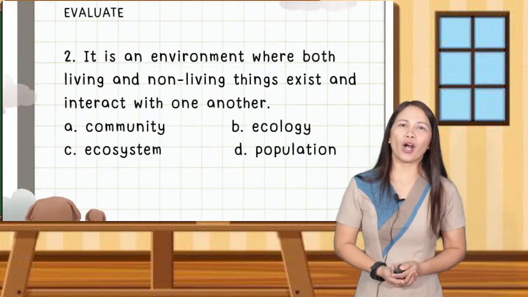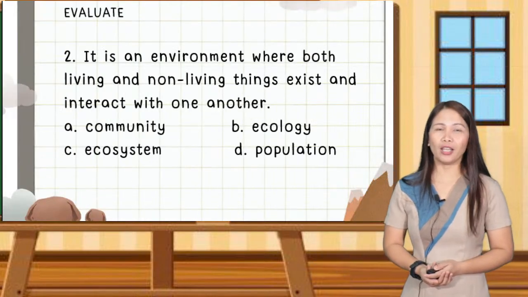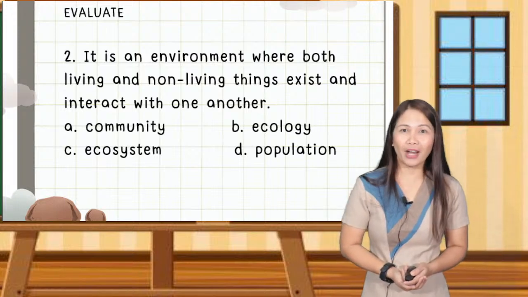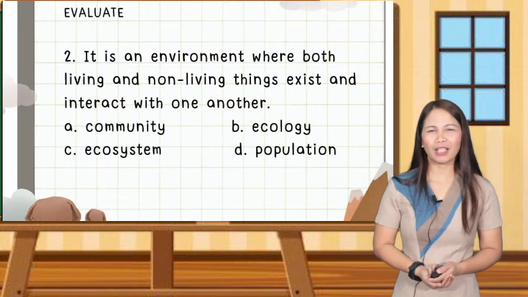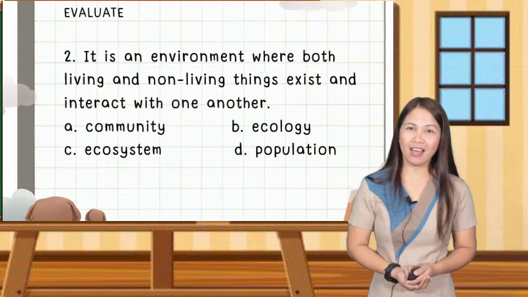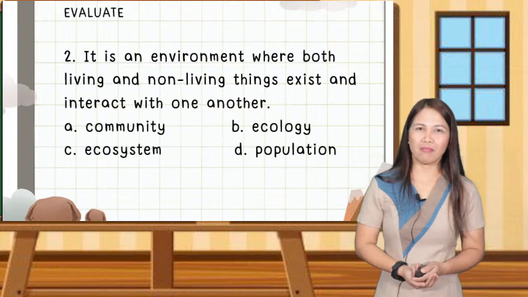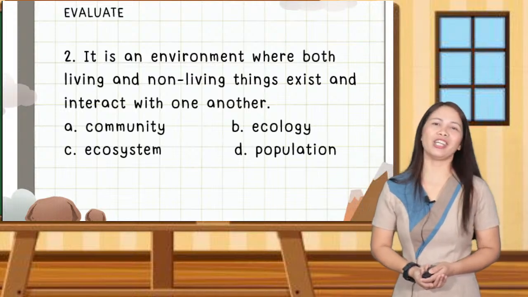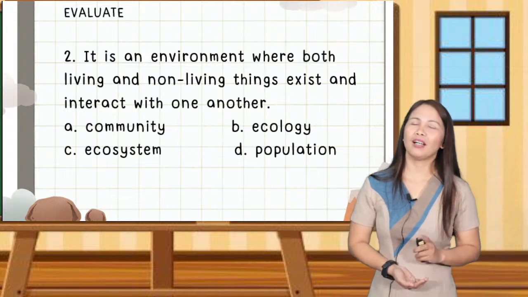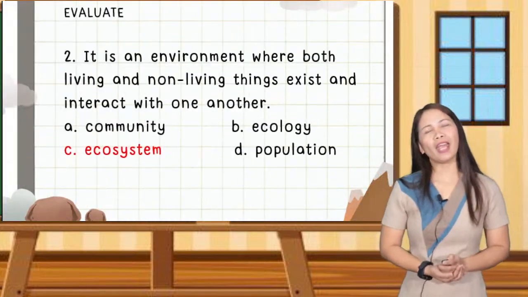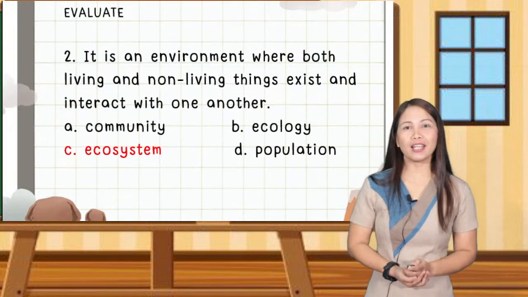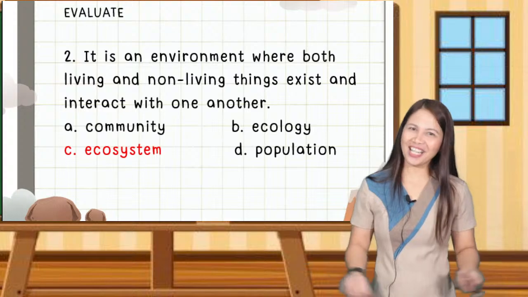It is an environment where both living and non-living things exist and interact with one another. Is it A, community, B, ecology, C, ecosystem, or D, population? Ballpens up. And the correct answer is, of course, ecosystem.